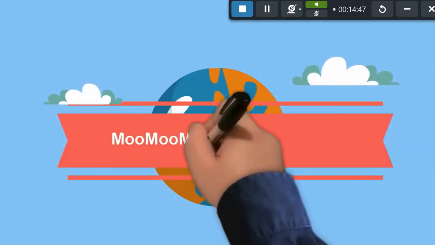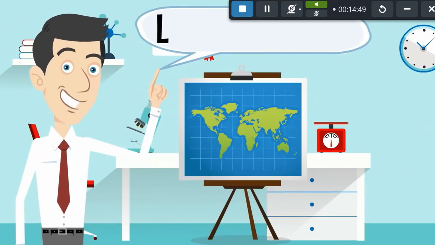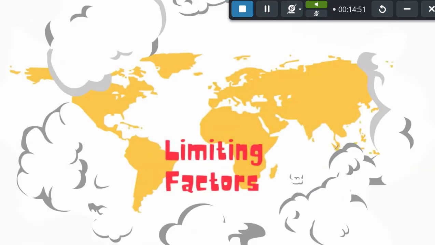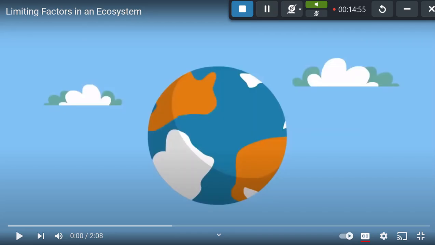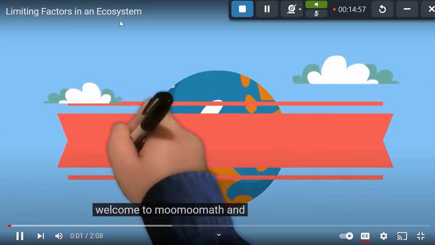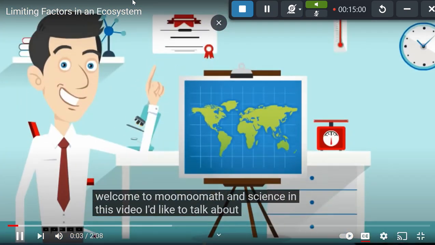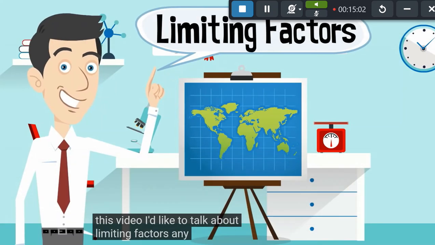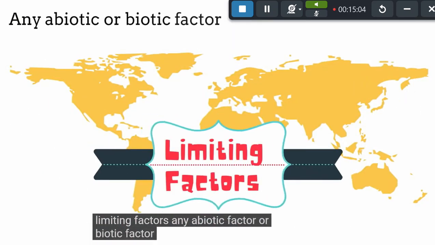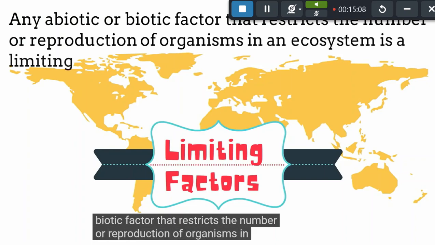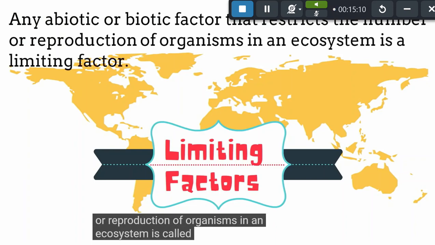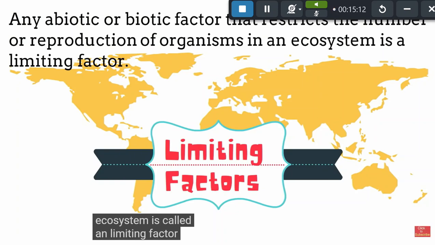Welcome to Moo Moo Math and Science. In this video, I'd like to talk about limiting factors. Any abiotic factor or biotic factor that restricts the number or reproduction of organisms in an ecosystem is called a limiting factor.